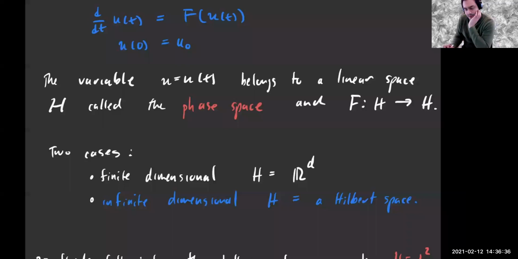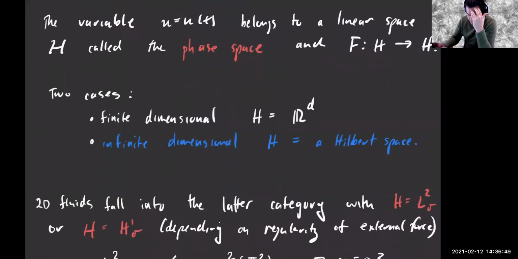One is finite dimensional case where H is something like R^d. And then there's also the infinite dimensional case, which is the fluid setting, where H is going to be a Hilbert space.